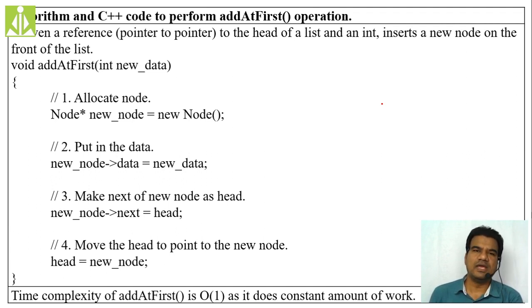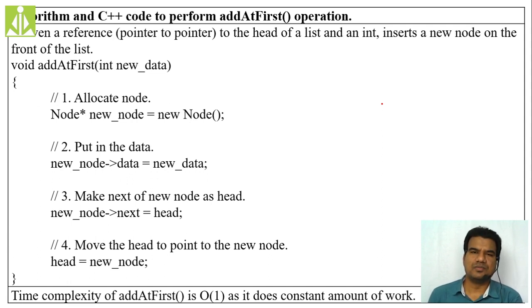We are not moving in backward and forward directions in our singly linked list, and there is no unknown number of nodes that we are considering. Inside this add first function, just forget about how many nodes we have inside our singly linked list. When we are adding the node at the first position, we are only checking the head pointer whether it is empty or not, and directly we are adding our newly created node at the first position itself.